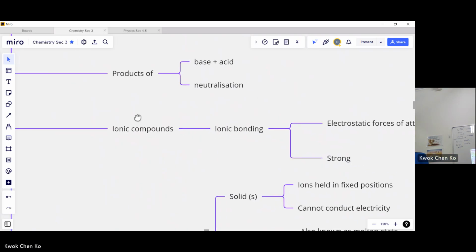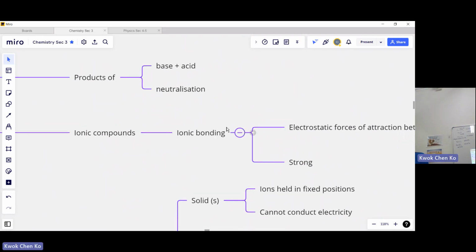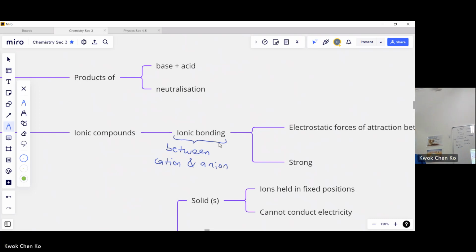What else? Salts are ionic compounds. Hopefully you remember what they are. Meaning there's an ionic bonding involved. And as Xingyue mentioned, it's between cation and anion. Okay, the ionic bond is between cation and anion. I mean, these are factory stuff, but it can be tested, obviously.